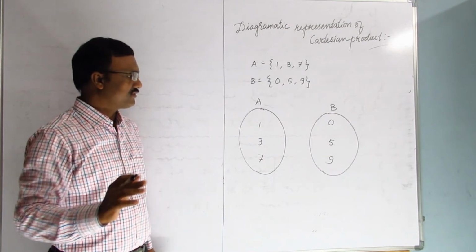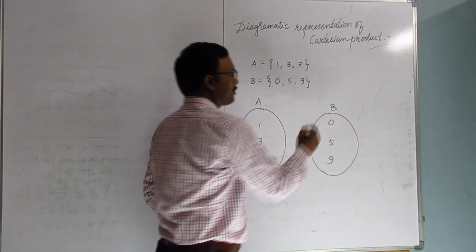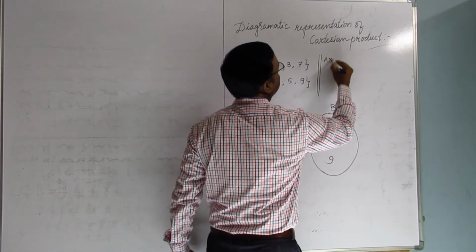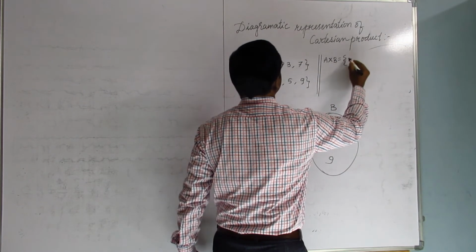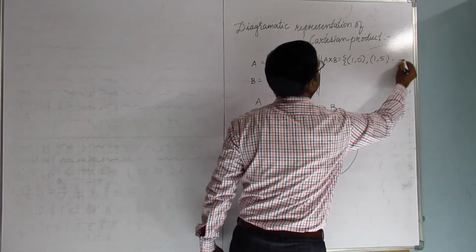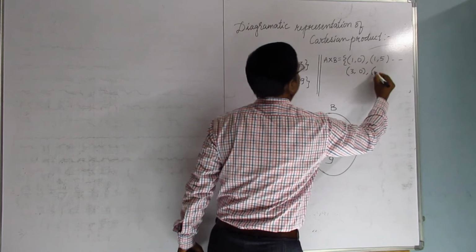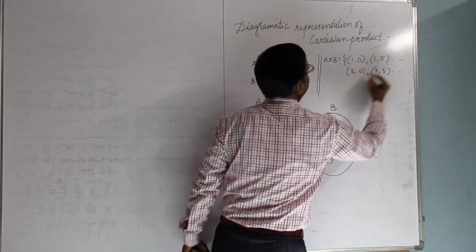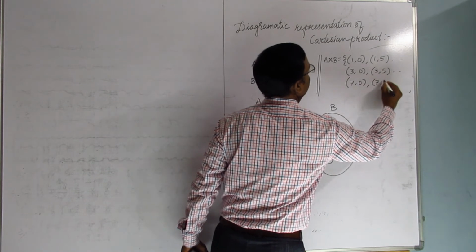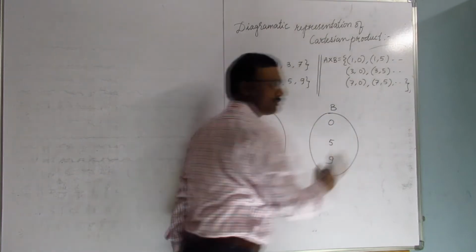Now you see the correspondence in our Cartesian product. Every time we will require the mathematical representation of the Cartesian product for reference, like we will write (1, 0), (1, 5) etc., then (3, 0), (3, 5) etc., then (7, 0), (7, 5) etc. So this is the basic or mathematical representation of Cartesian product.